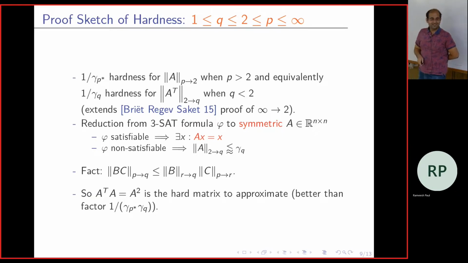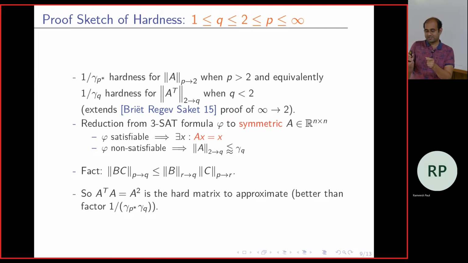The fact is, to prove this thing, you need this. We use Khintchine, which is basically saying if you look at a vector, you give a vector and then you take i.i.d. random variables plus or minus 1 and take the inner product with the vector and raise it to p, how does it concentrate?